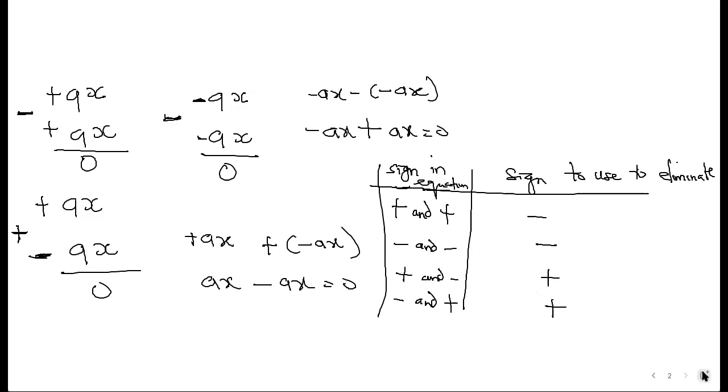Okay, let's look at some examples. Example 1. Solve the simultaneous equations. I'll give you 3 examples and we'll solve them one by one. 1, you have 3x plus 5y equals minus 11, 3x minus 4y equals minus 2.